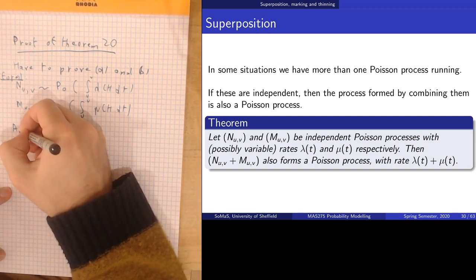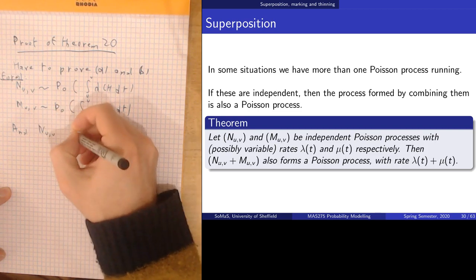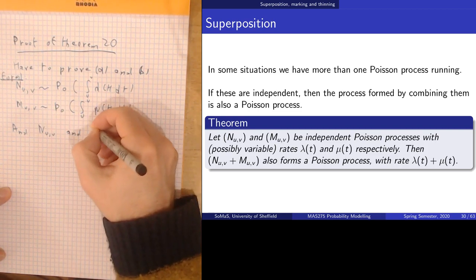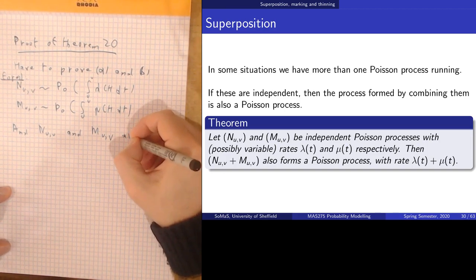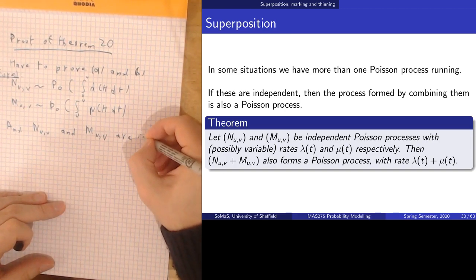And they're independent. So N_uv and M_uv are independent.